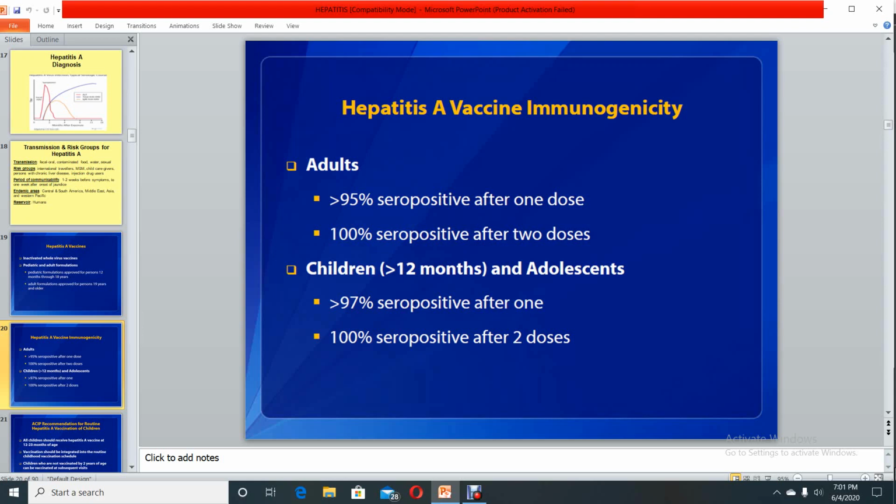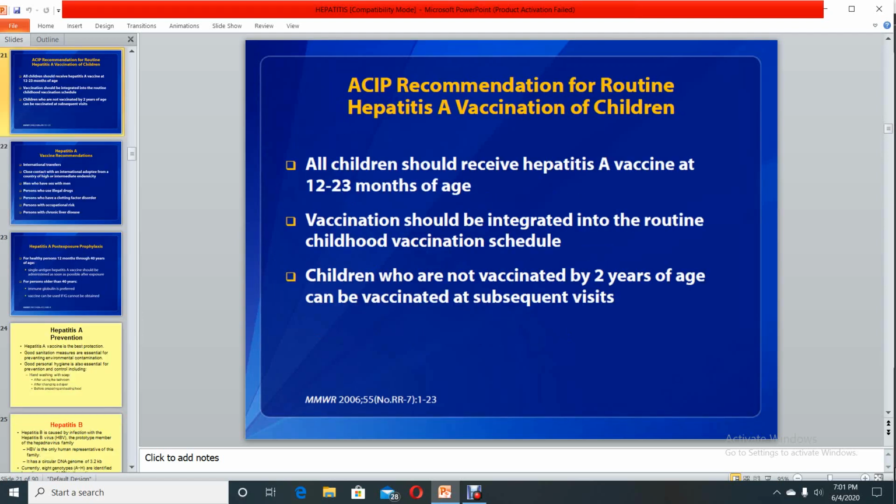So you can be protected very well from hepatitis A. This vaccination can be given to travelers and to other people around a person who has hepatitis A.